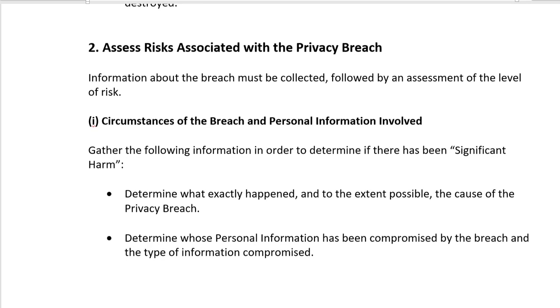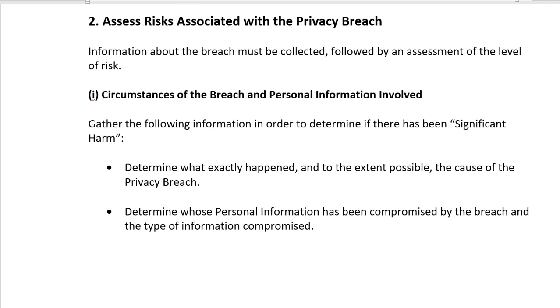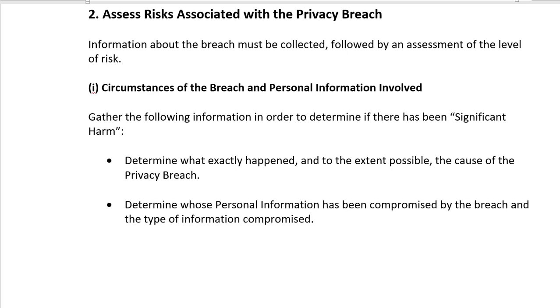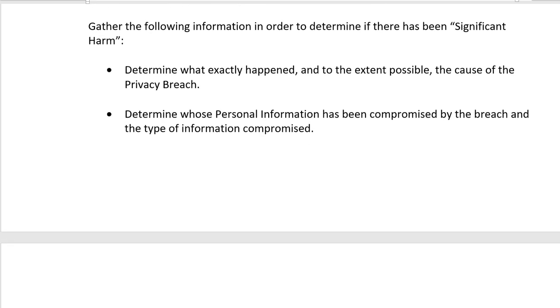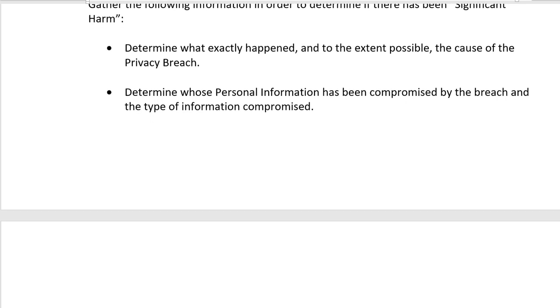So the next thing you need to know is whether or not there has been significant harm. And the reason that's important is because if there is significant harm, there's a mandatory requirement for you to report that to the Privacy Commission. So you need to know something about the type of information that's been compromised.